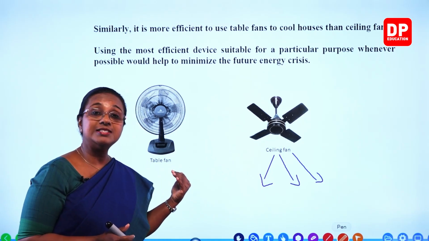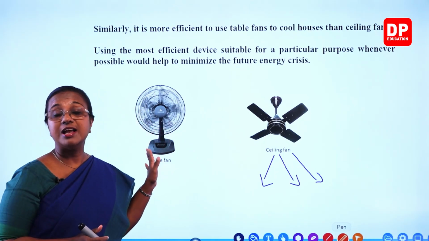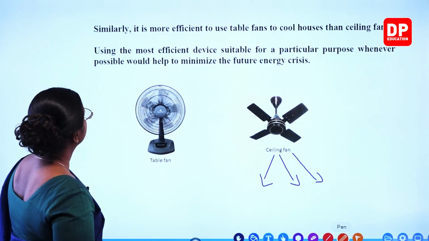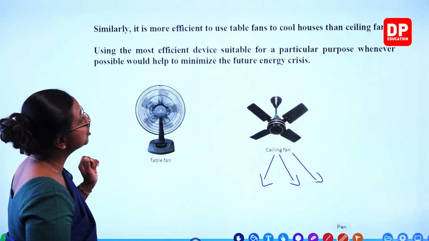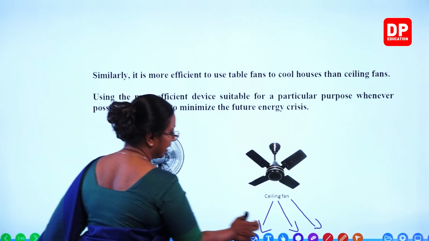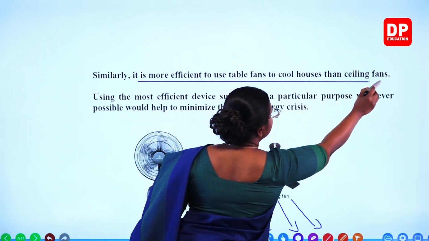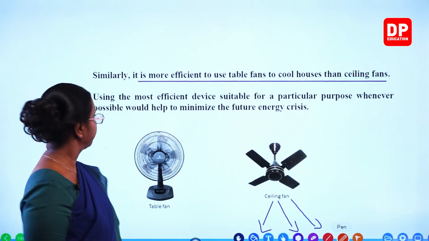So if you are considering electricity efficiency, the most suitable one is the table fan. Similarly, it is more efficient to use table fans to cool houses than ceiling fans. So this is what I explained.